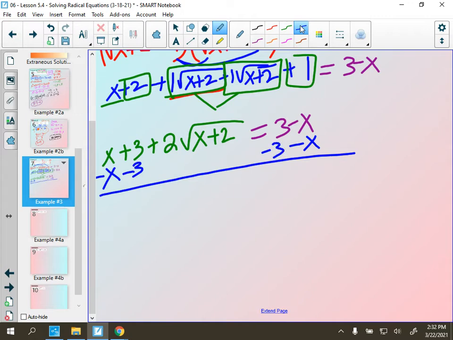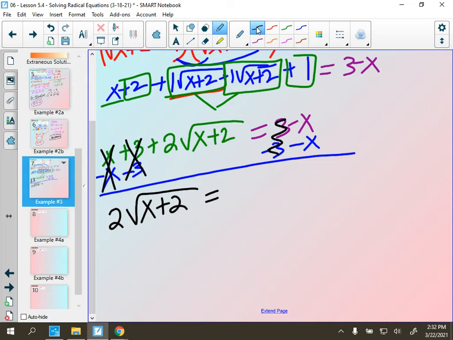Now this one's really convenient that there was a 3 on the left side. So let's see here. x minus x, gone. 3 minus 3, gone. So we're sitting on this 2 times the quantity square root of x plus 2 on the left side, equals, right here, 3 minus 3, gone. Now be careful though, because negative x minus x is negative 2x, right? Those don't disappear. Those aren't opposite signs.